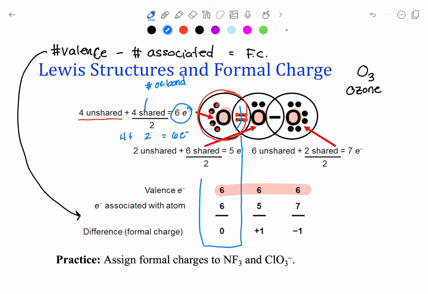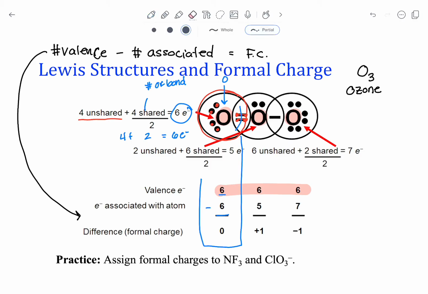We take our valence electrons, 6, and we subtract off the number of associated electrons for that oxygen, which we just determined as 6. Therefore, the formal charge for this individual oxygen is 0. So when we're finding formal charge, we're finding it for each individual atom in the molecule.